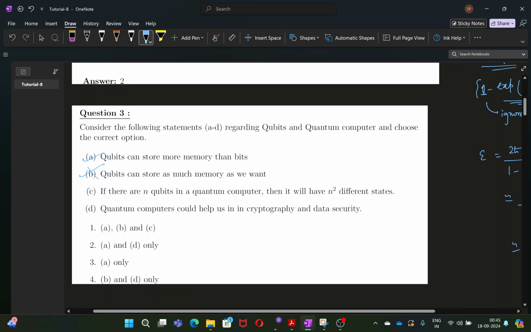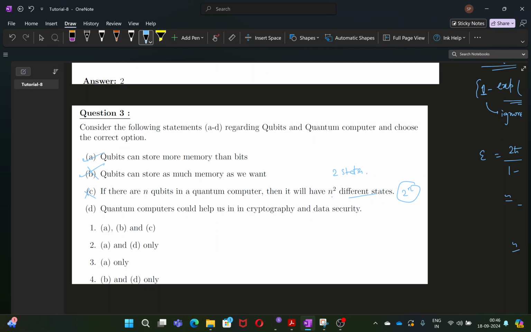That is again wrong, because if there are n qubits and each qubit can take up 2 states, that will lead to 2 to the power n different states. So it is 2 to the power of n, right? So this is also wrong, because in the option it is given n square. If it is 2 to the power of n, then it is the right option.